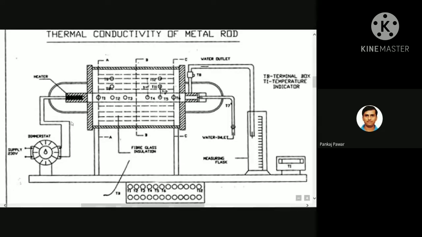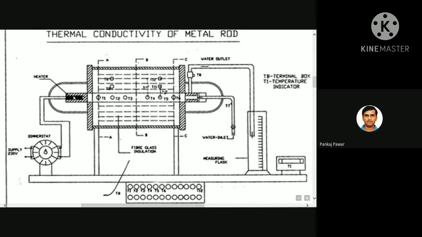Now see here, in this we'll see the experimental setup. Here, this metal rod will be of some length, okay, and on the left end of that metal rod a heater is provided.